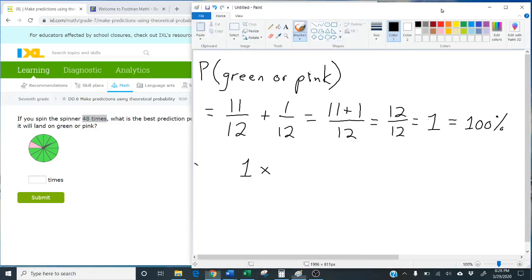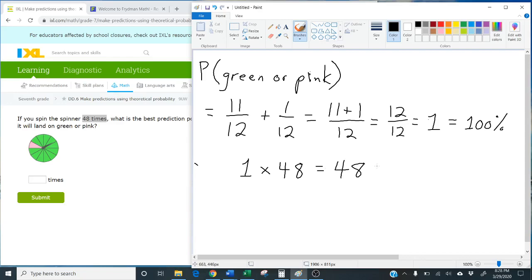I'm going to do this 48 times. Out of those 48 times, how many times would I expect to land on green or pink? Well, 1 times 48 is 48. So I would expect to land on green or pink 48 out of the 48 times that I try that.